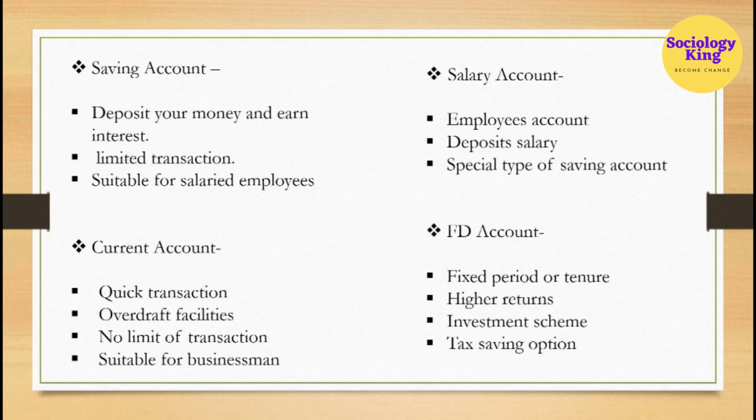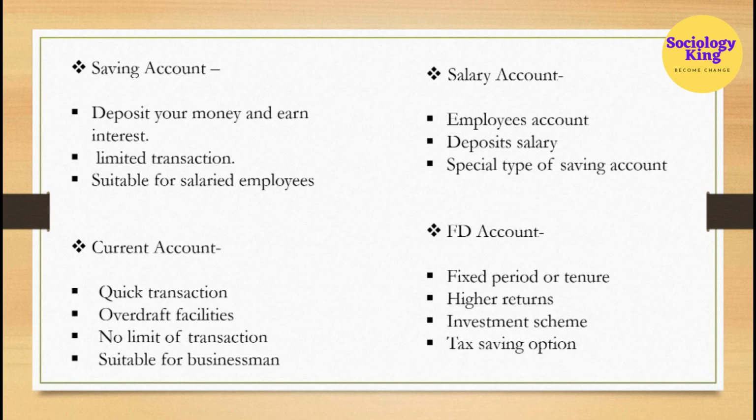Current account. A current account is mostly used by businessmen because it gives quick transactions, overdraft facility and no limit on transactions. Due to this, it attracts businessmen. One of the reasons is the overdraft facility.